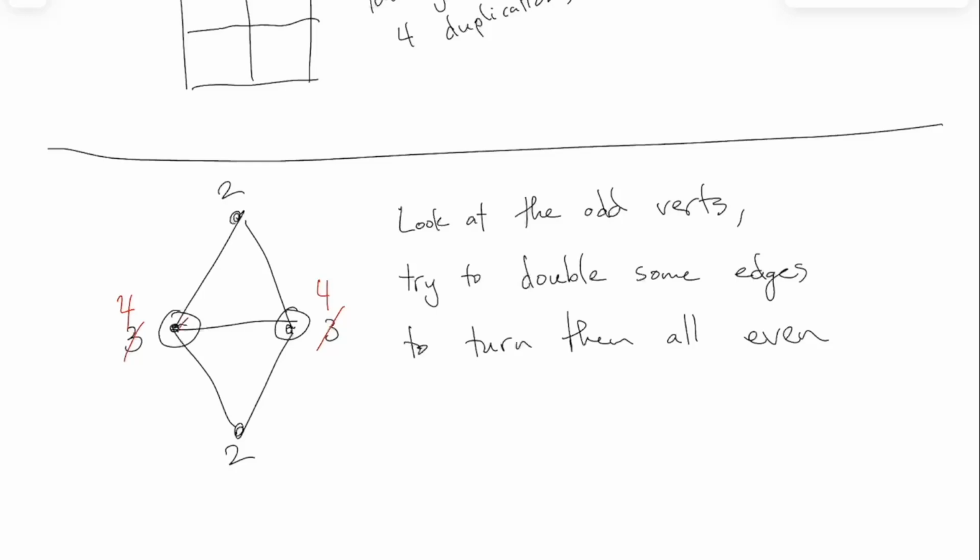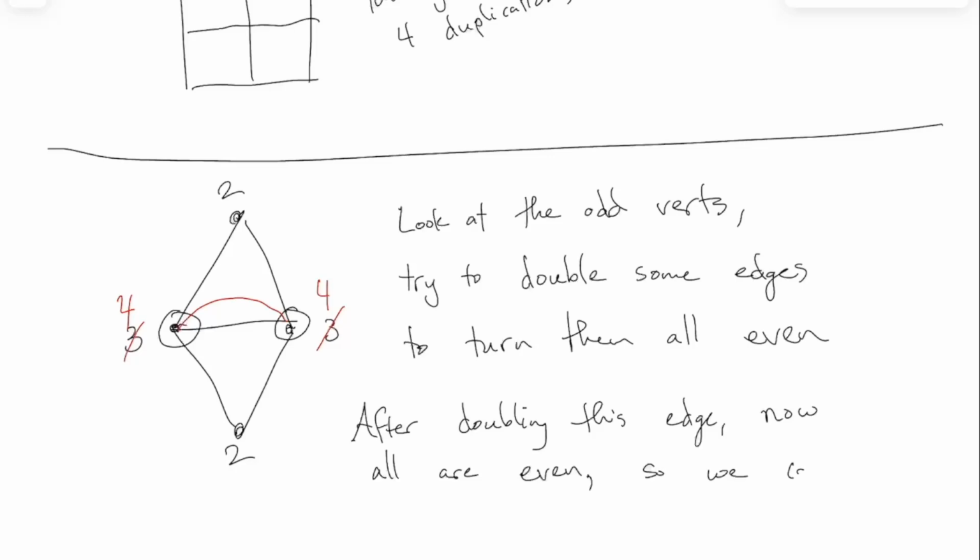If I just add a new edge right there, although it's not entirely new, it's just copying one of the existing edges, if you add a new edge across the middle, those 3s now become 4s. And so after doubling that edge, now all are even. And so that means there is an Euler circuit in the new graph that I made, which has a doubled edge.